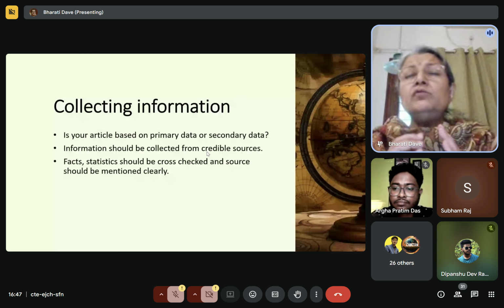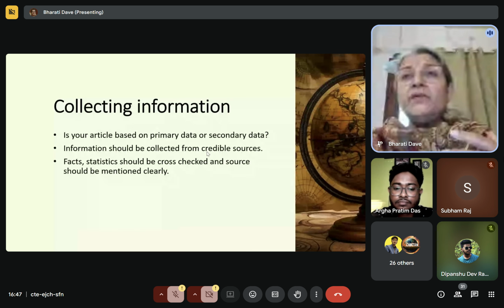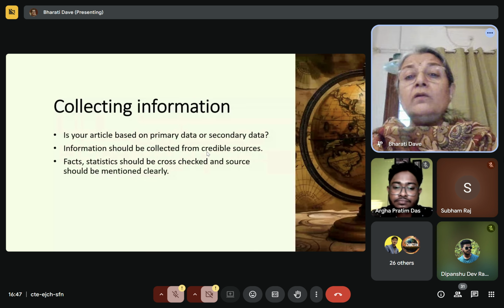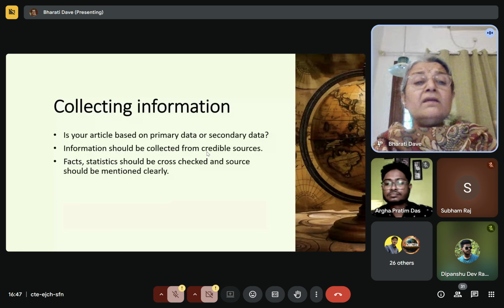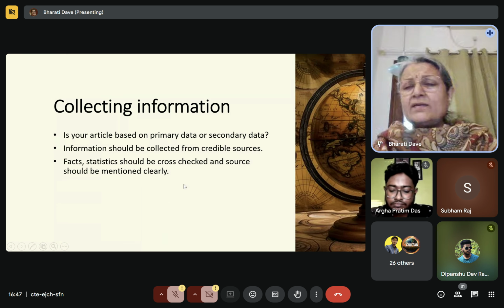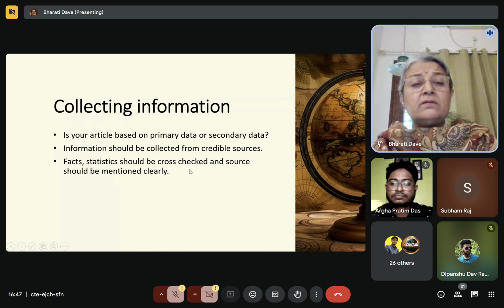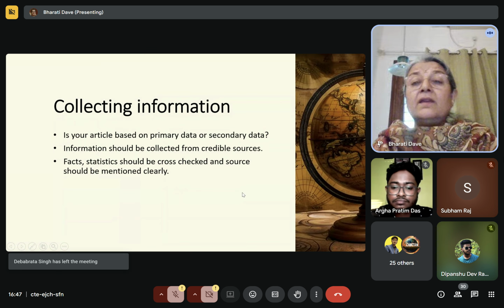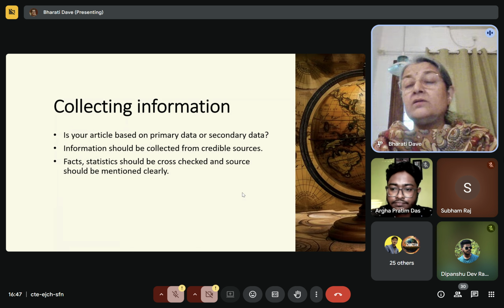Okay, otherwise you get into so much trouble when you are writing an article, फिर आखिर में जाके तुम्हें लगता है it starts contradicting. So always go on very credible sources. Then if you have a lot of facts and figures, they should be cross checked, and source should always be mentioned. Never say अपन की मैं ही कह रहा हूँ ये. Source should always be mentioned.